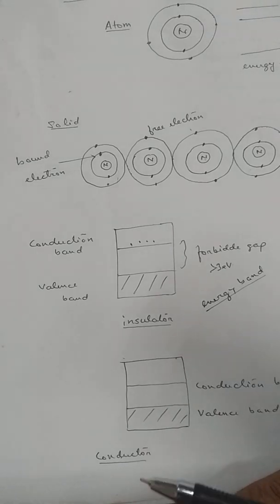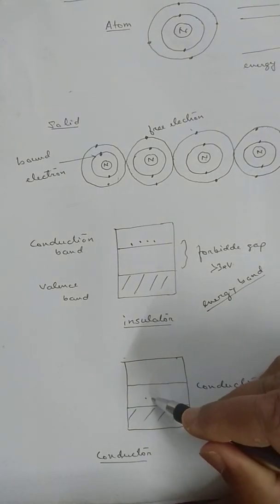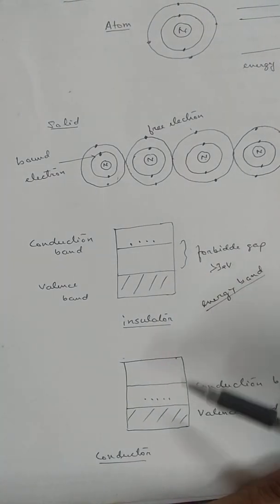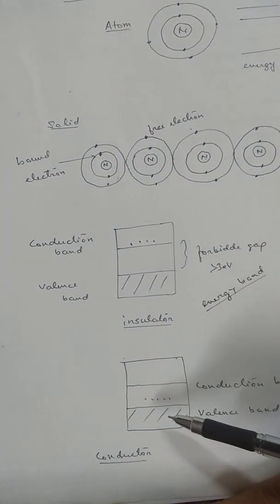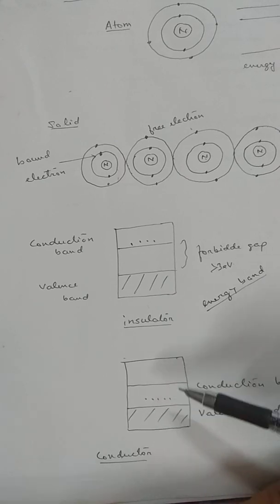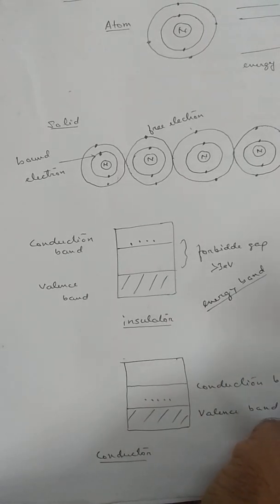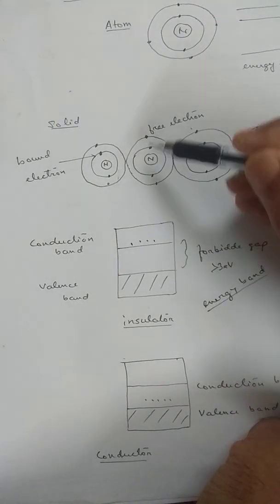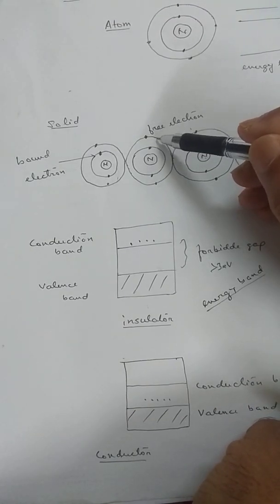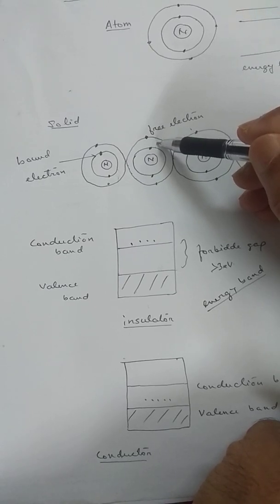A large number of electrons are in the conduction band, and conduction is easy. That means electrons can move easily from one end of the conductor to the other end. For the solids which form conductors, this gap is practically zero.